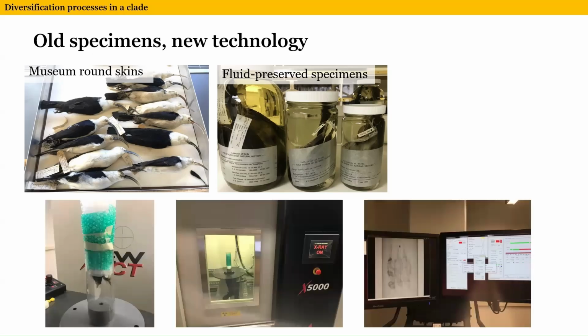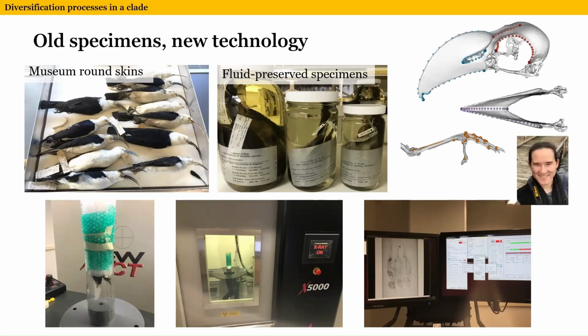In my case, that was micro CT scanning. I scanned specimens from a bunch of different museums with help from a bunch of people. Then I placed landmark points on these digital models of their bones in order to quantify 3D shape in this more complex way. Also, thanks to Ewan Lim, an undergrad who worked with me on this project. He really led a lot of the foot analyses and is a co-author on this paper.